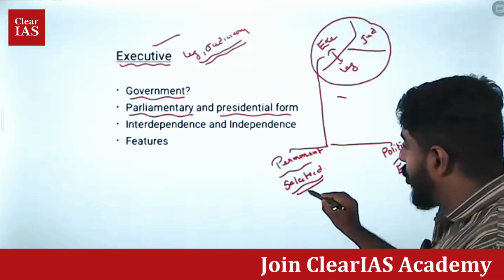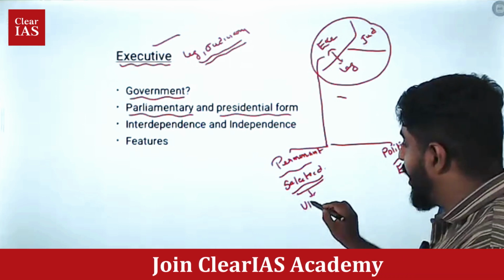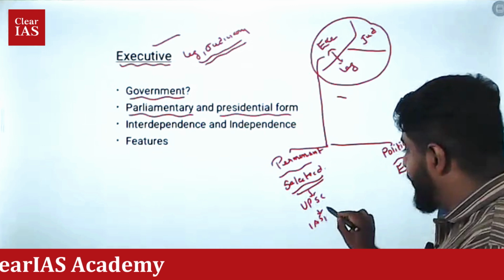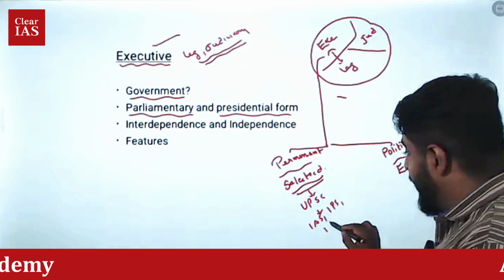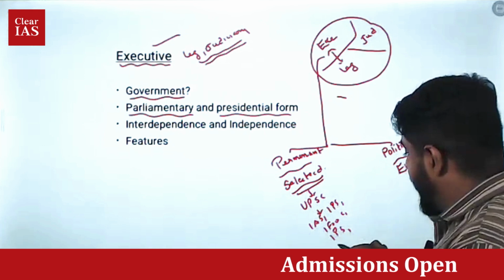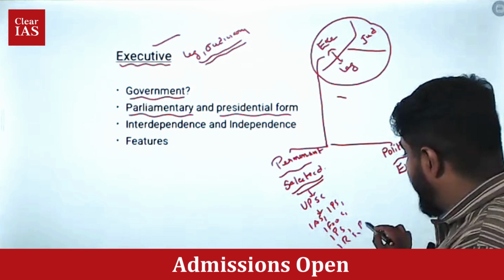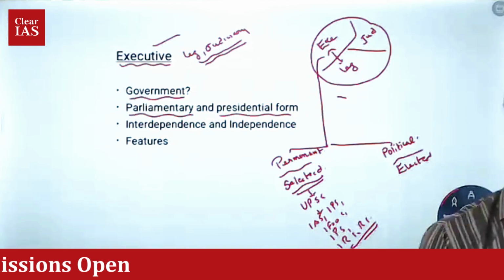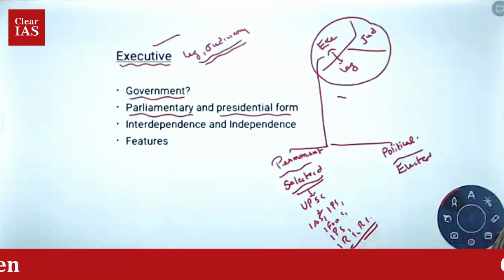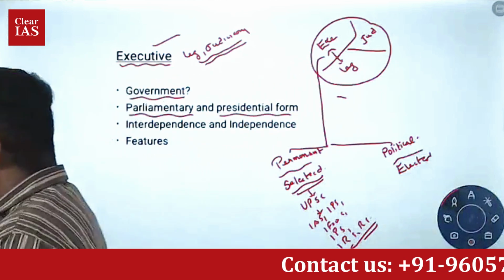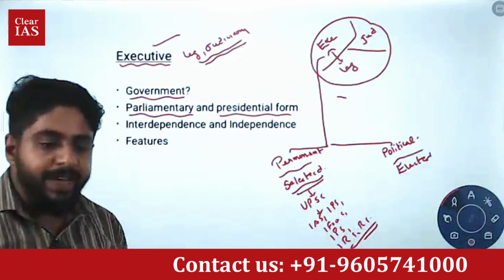Permanent executives are those people, for example, selected by the Union Public Service Commission: the Indian Administrative Service officers, the IPS officers, the Indian Forest Service officers, the Indian Postal Service officers, the Indian Revenue Service officers. All these officers come under the category of permanent executive. They have a long term to serve the government. But that is not the case with the political executive.